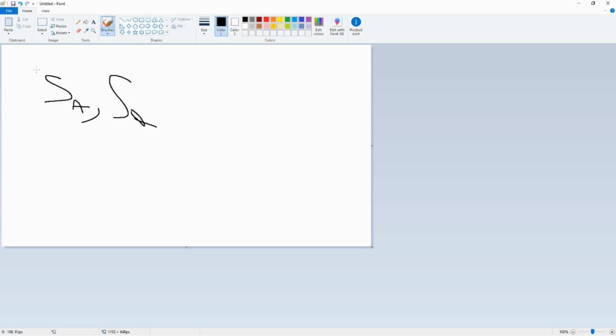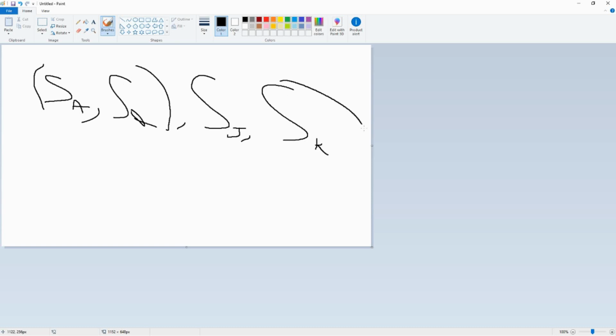That's a really ugly queen, but don't worry about it. So that's part of it. Then it's going to be like S of jack and S of king. That's really all that is. I'm going to draw this parenthesis here, and we just defined a relation that is a function.